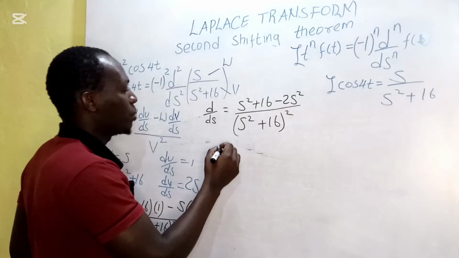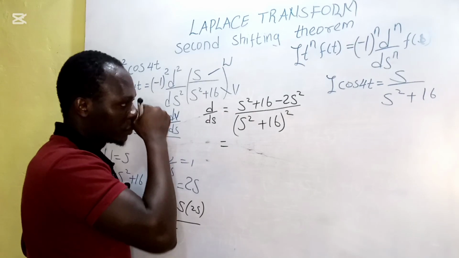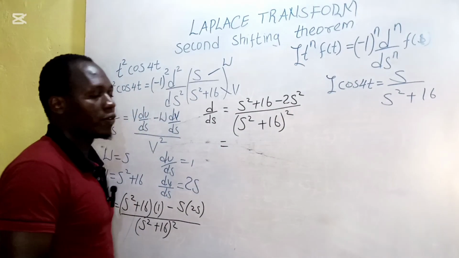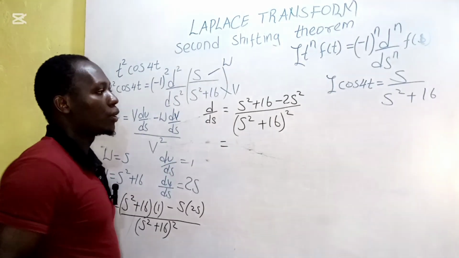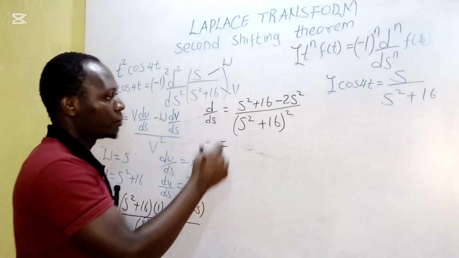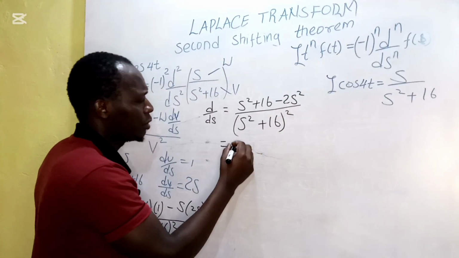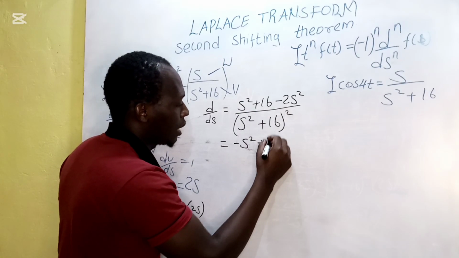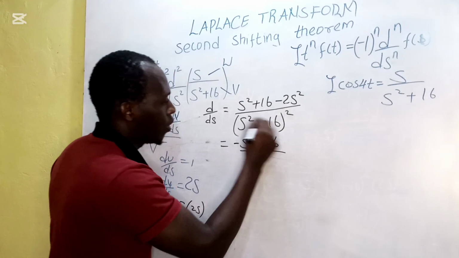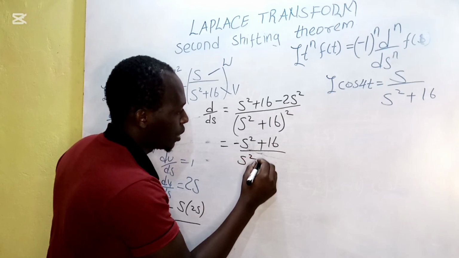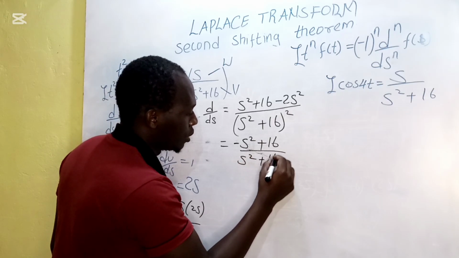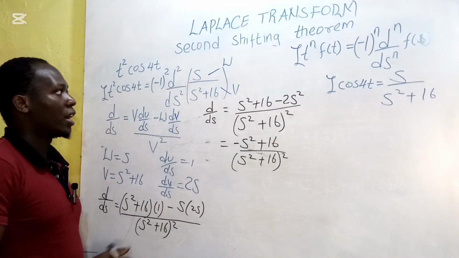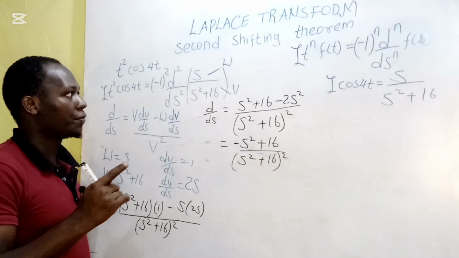Here on our numerator we are going to have a negative of 2s squared, we add a positive of s squared, to mean that here we are going to have a negative of s squared. We come and add 16, all over s squared plus 16, but now here everything will be squared. That is our first differential.